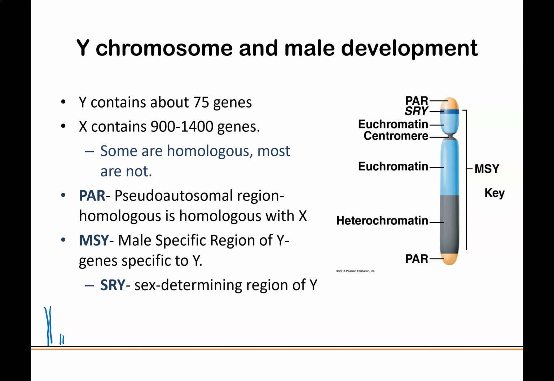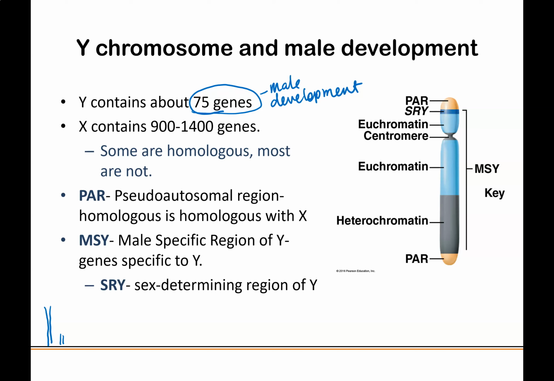So the difference here is that almost all of these genes on the Y chromosome code for male development. As I said earlier, some of those genes are homologous. Most of them are not. Really, they are regions that are sort of homologous with the X, sequence regions.